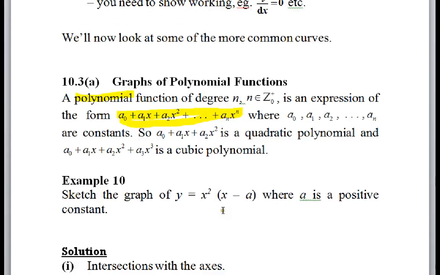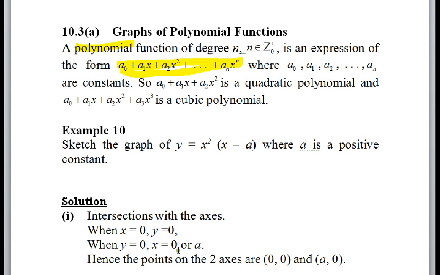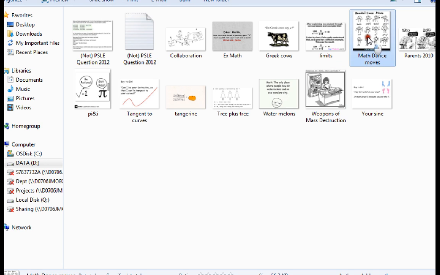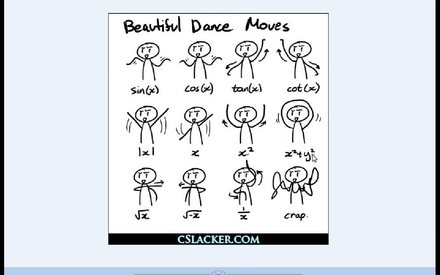Okay, let's move on. Let's look at some of the more common curves. Very boring, right? I also think quite boring. Let me show you something. You want to dance or not? Who wants to dance? This one is nice. You all know how this looks or not? I bet you all don't know.